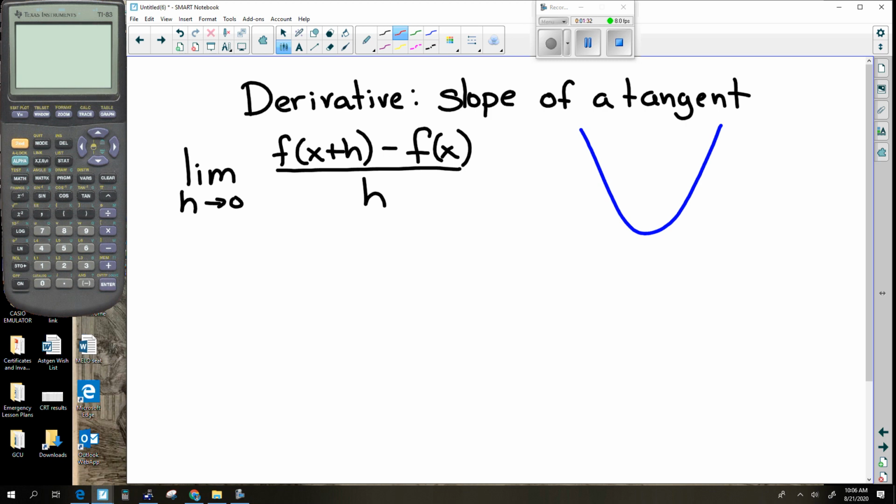What that will hypothetically do is give you the slope of a tangent line at any point that you so desire. It will give you an equation, and the slope of the tangent line at any x that you so desire, you can get using this limit equation.